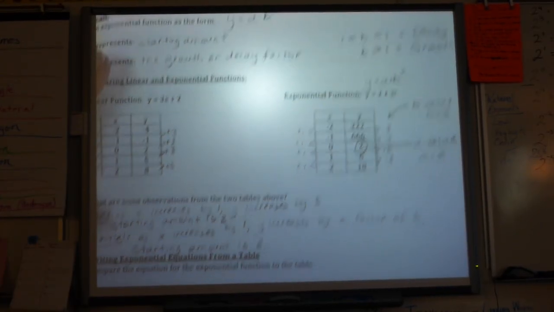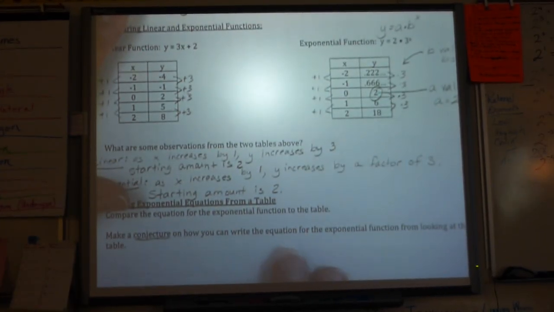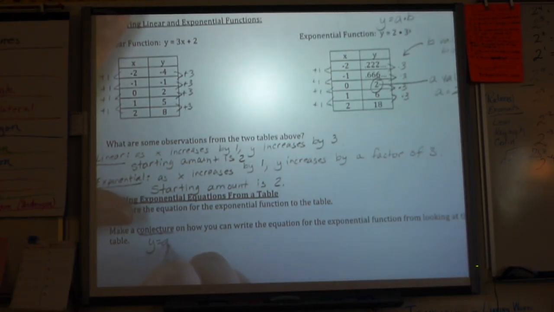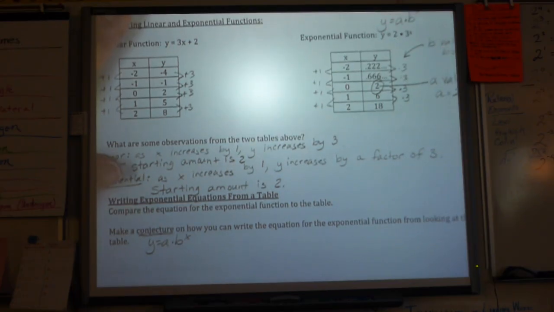Okay, so then we can make a conjecture on how we can write the equation for the exponential function by looking at the table. So y equals A times B to the x is the parent function.